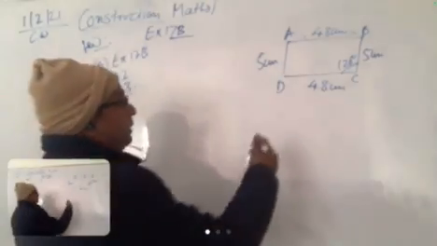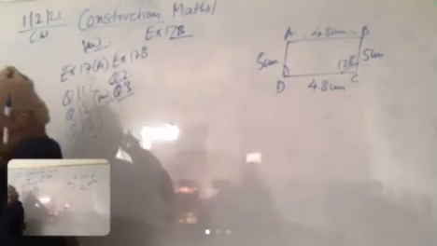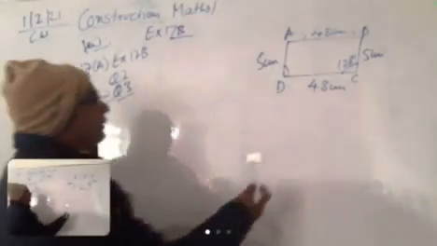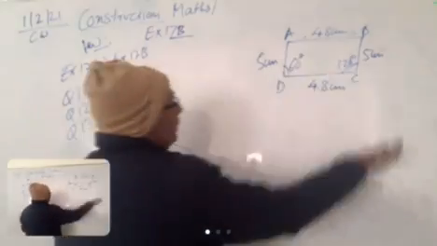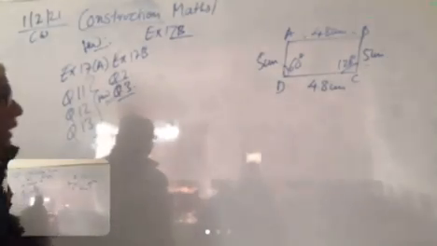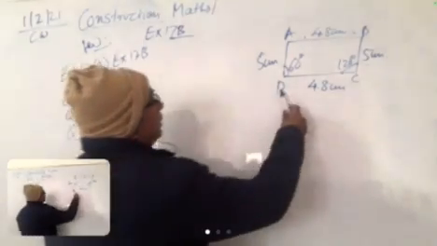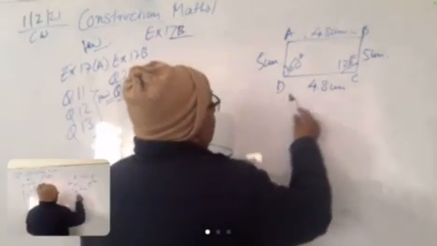So tell me, Shraddha, what is this angle? Yes, 60 degree. Is there any confusion in this question? You can start with CD, as you know the opposite angles are equal.